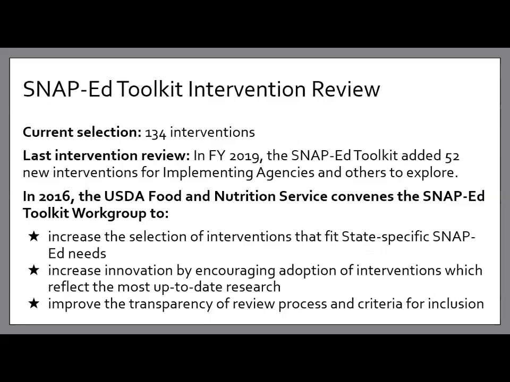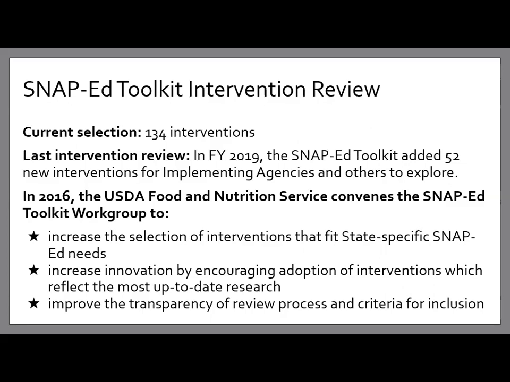In order to best expand the selection of interventions that are available to state and local agencies, we developed the SNAP-Ed Toolkit Intervention Review. Currently, we have 134 interventions that are available to choose from. Our last intervention review in fiscal year 2019 added 52 new interventions for implementing agencies and state agencies to explore.